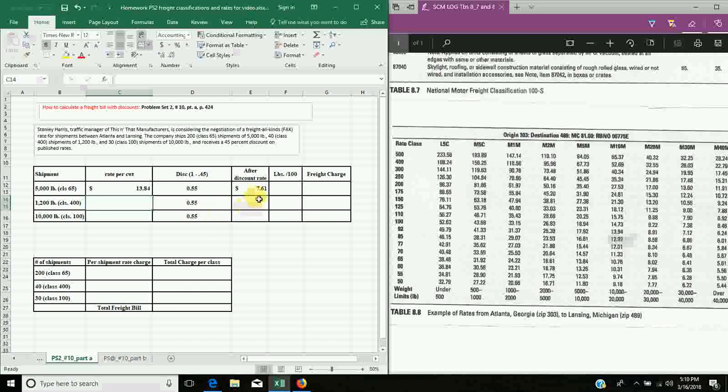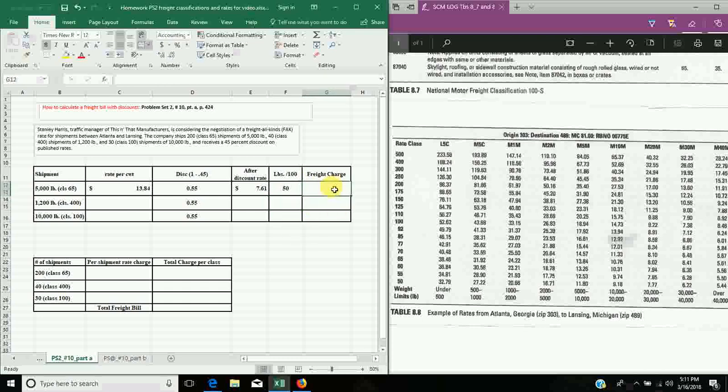Now do we multiply that times 5,000? No, we multiply it times the hundredweight. And if you remember, we get the hundredweight by doing what? We have to divide the shipment weight of 5,000 divided by 100. And when we do that, we come up with a hundredweight of 50.